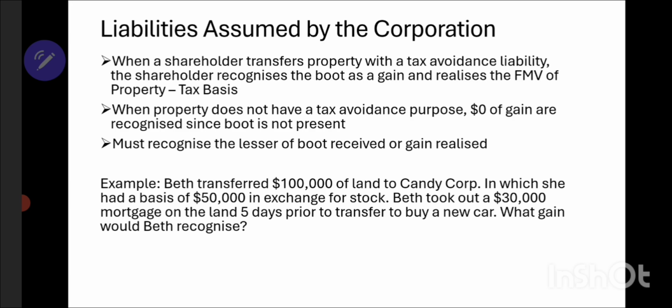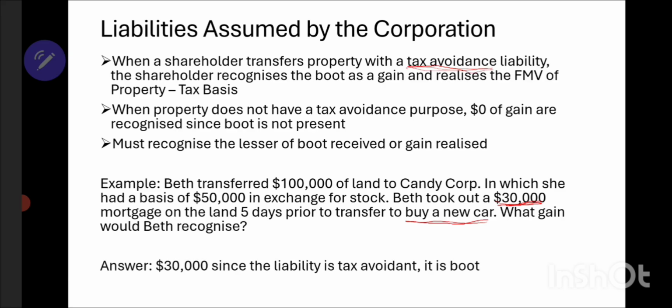Well, Beth took out this $30,000 in order to buy a new car. We can pretty safely say that this has tax avoidance purposes. So we are going to recognize that whole $30,000 as boot and as the gain that we would recognize.